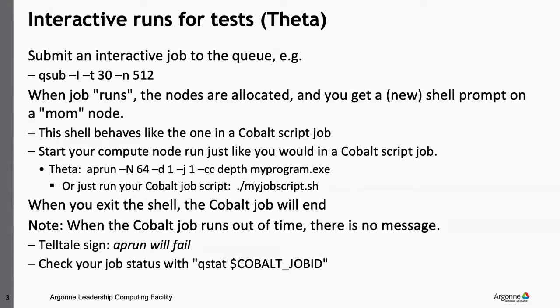Just do a QStat on your Cobalt job ID, as it suggests at the bottom here. If it spits out information about your job, then your job still exists, right? But if the output is blank, then your job has gone away. And what you need to do is exit your shell and then start a new interactive job.